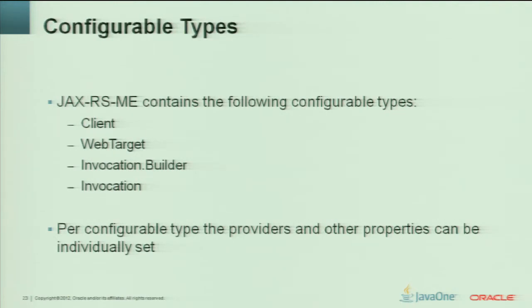We have a client, where you can hook in different providers. We have a web target. We have an invocation builder, which is creating what's actually happening in the invocation. So it puts together the different segments and parameters that go into the invocation. And then we have the invocation by itself. And per configurable type, the providers and other properties can be individually set.